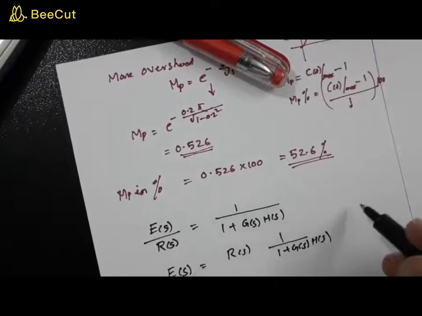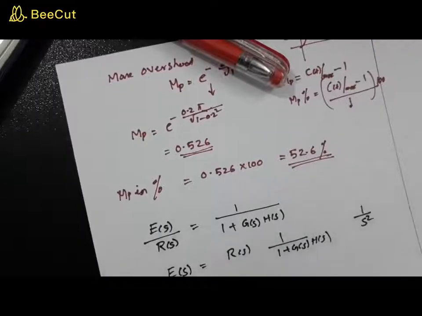Now this R(s) is 1 by s square because it's a ramp input. And what is your steady state error? Steady state error is limit s tends to 0 of s into E(s).